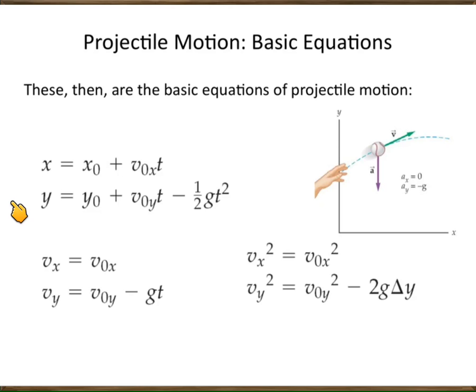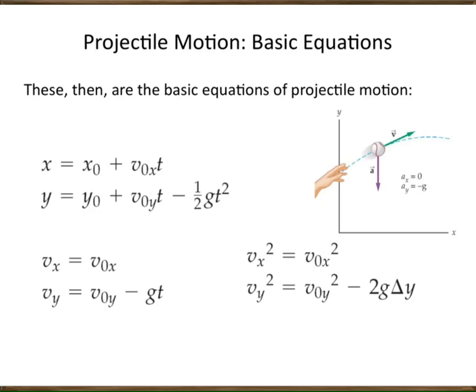But in the vertical direction, we have acceleration. And if you have chosen your coordinate system like this, if you have chosen increasing y as upward, then ay is always minus g. Okay?